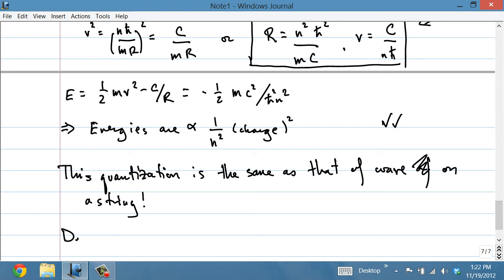Let's remember that the wavelength of an electron, as understood, for example, based on the double slit experiment, is given by the de Broglie formula, that the wavelength is Planck's constant divided by p.